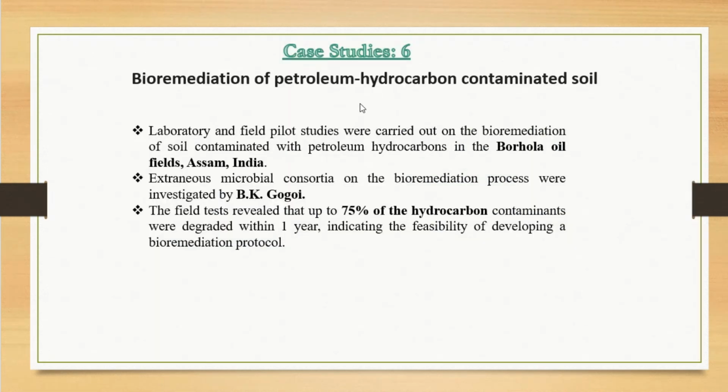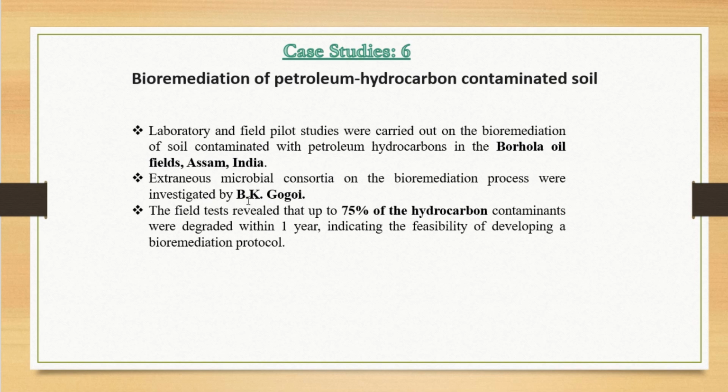This is the last case study. Bioremediation of petroleum hydrocarbon contaminated soil. The first point is laboratory and field pilot study were carried out on the bioremediation of soil contaminated with petroleum hydrocarbons in the Barhola oil fields, Assam in India.